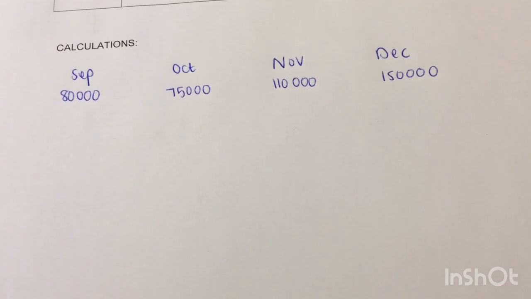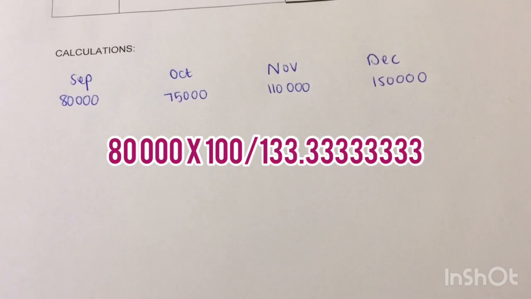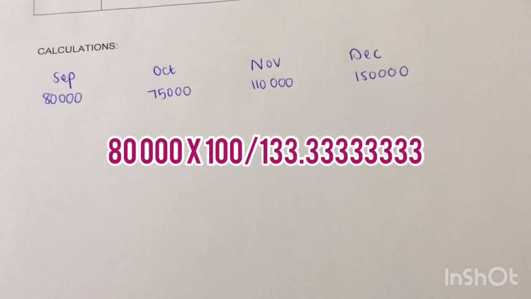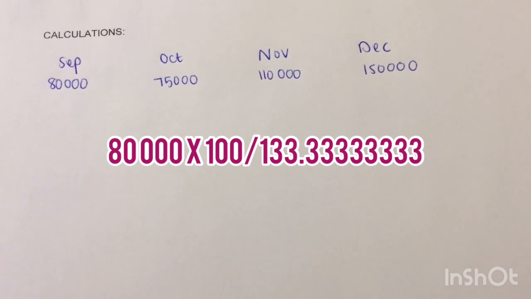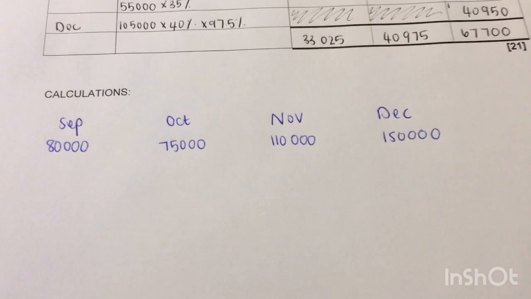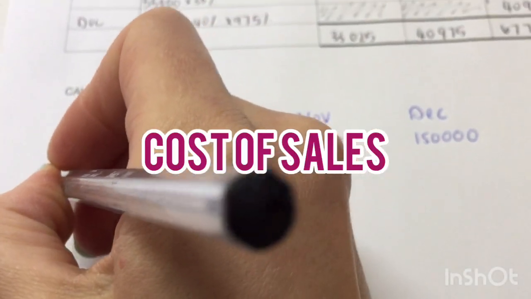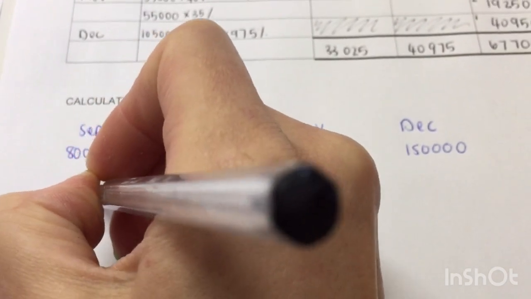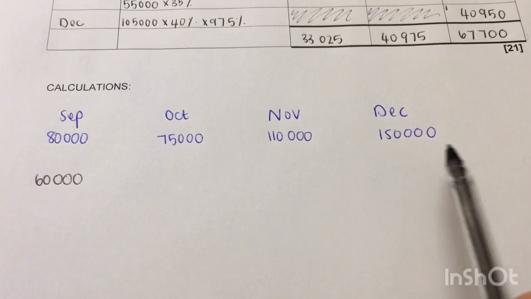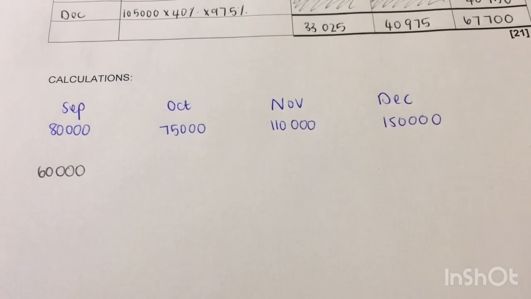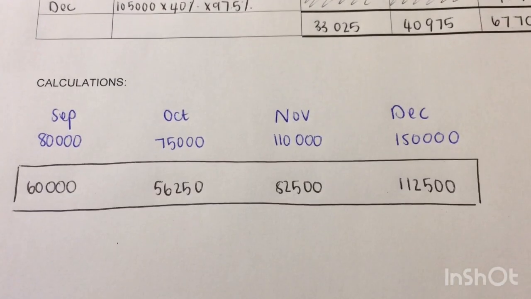So for September, it's 80,000 times 100 divided by 133.3333, and I get cost of sales as 60,000. And I'm going to do exactly the same thing for all the other 3 months.